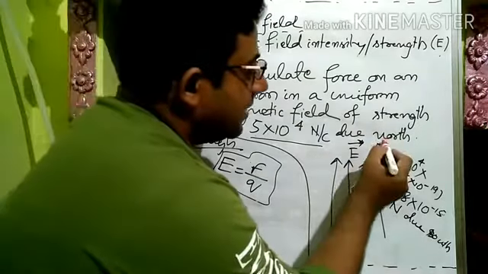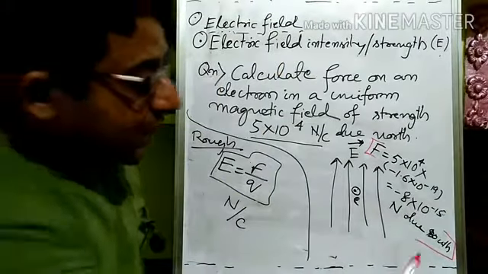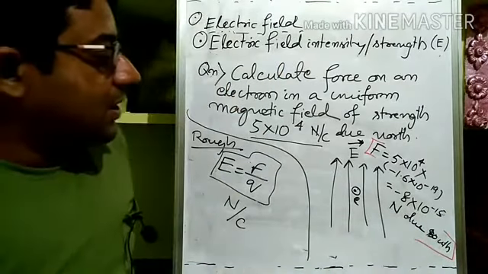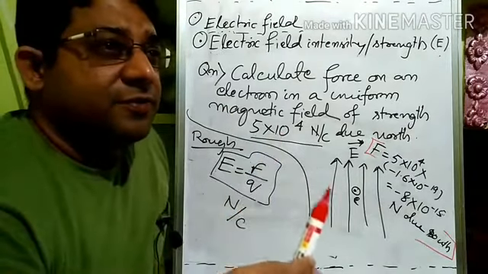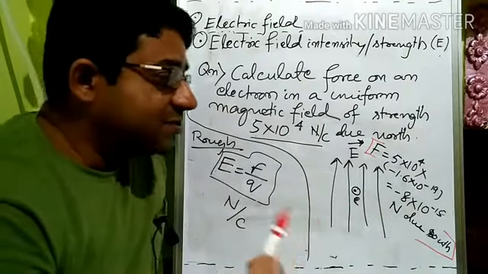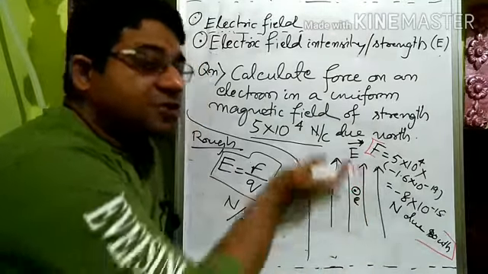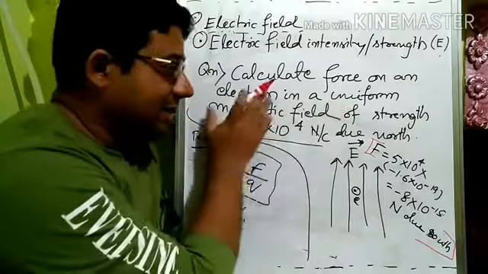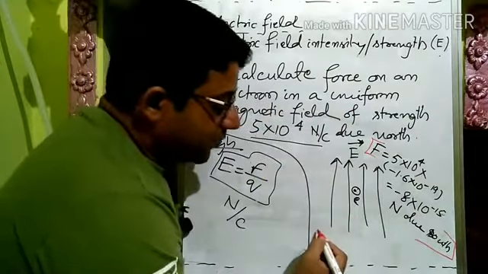Now here I have to clarify, and some of you might be thinking already why this is due south. Now see, electric field, I will make one video on it, or I will continue here. The nature of electric field is that it is always from positive to negative. That we'll study in detail. I am just saying in short for this numerical only. It's from positive to negative.